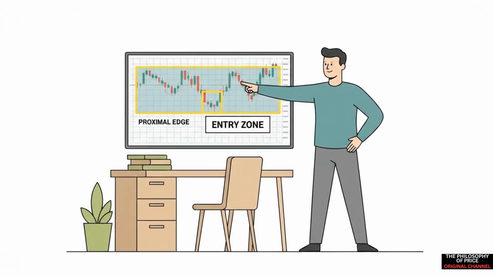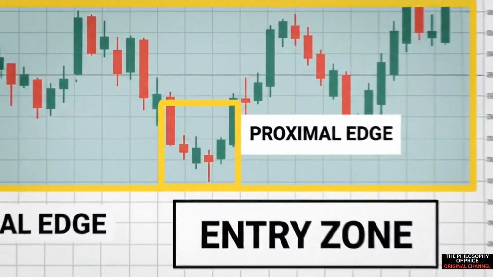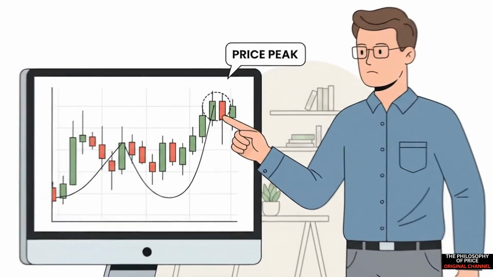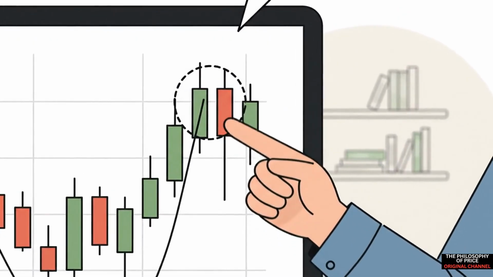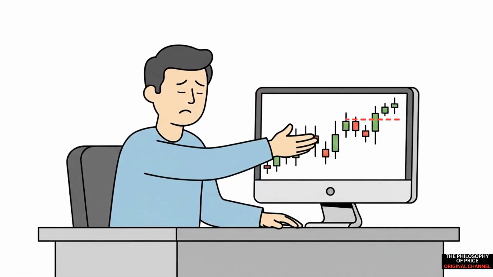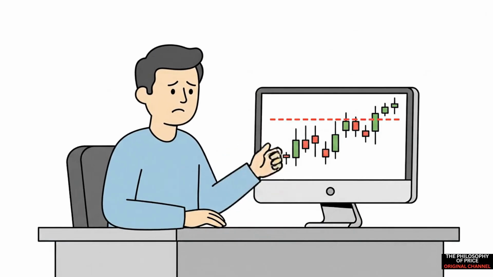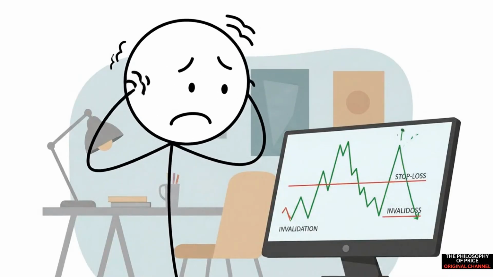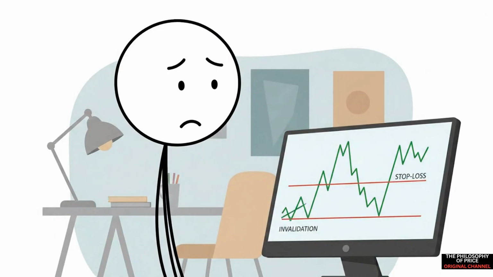The proximal edge, which is the side closest to the current market price, will serve as your designated entry zone. Conversely, the distal edge, encompassing the furthest point of the wick, defines your maximum risk boundary for the trade. Your stop-loss order should always be placed just beyond this distal boundary, acting as your ultimate safety net. If price moves past it, your initial market analysis for this setup is invalidated, and your thesis is proven wrong.